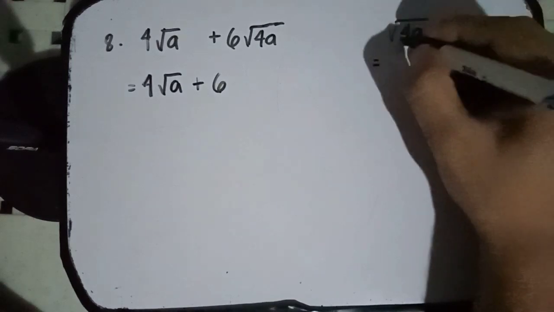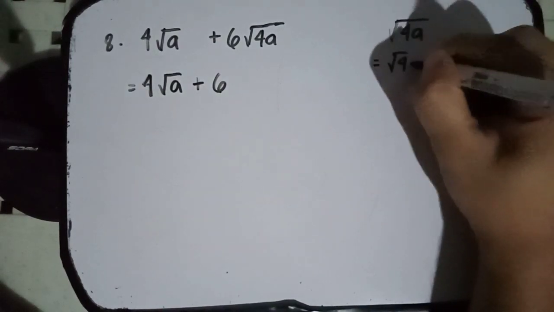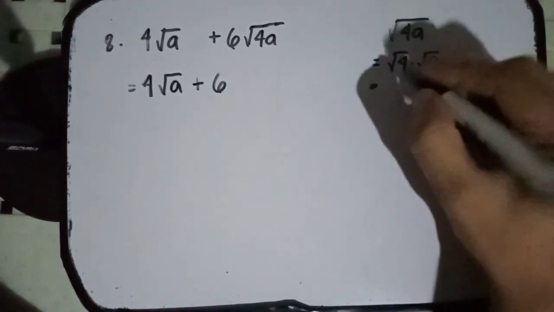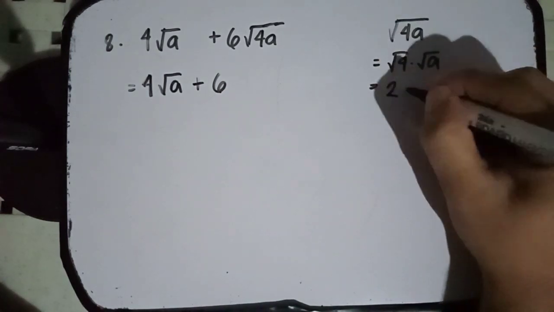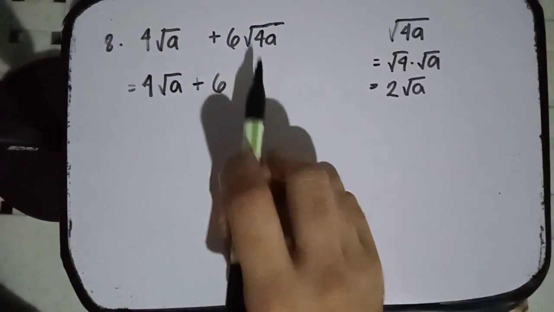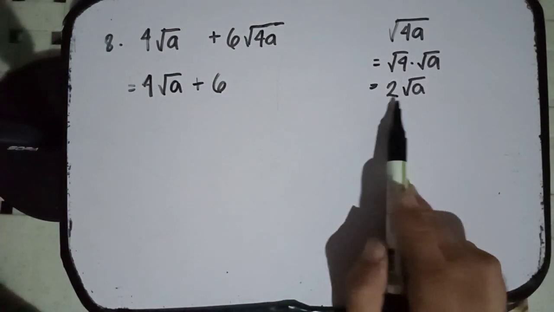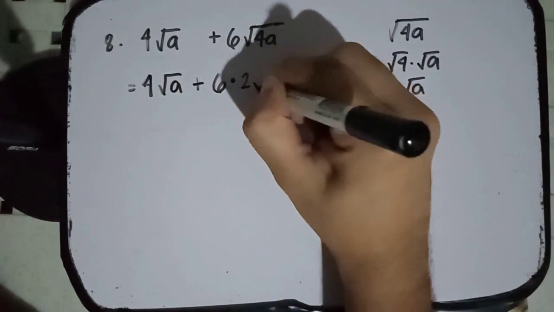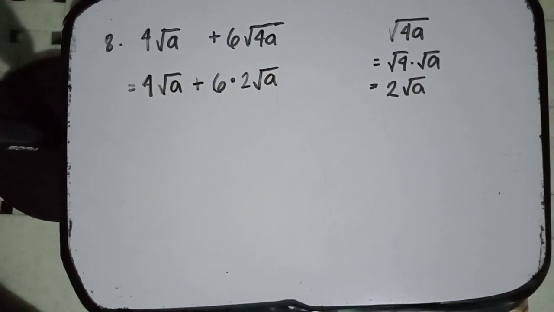Okay, so pwede mo nang paghiwalayin. So, square root of 4 times the square root of a. Then, square root of 4 is equal to 2. Then, copy square root of a. Alright? And then, from square root of 4a, na-simplify na into 2 square root of a. So, times 2 square root of a. Alright?